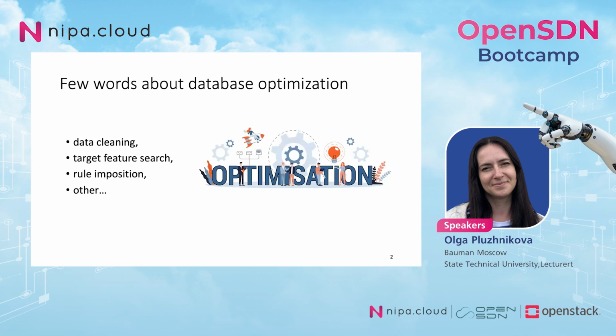Database optimization is a really huge theme, but if we take the aspect of machine learning, we are talking about data cleaning, searching for target features, applying rules. All mechanisms are aimed at reducing the amount of data, identifying the relevant information for further training of the neural network.